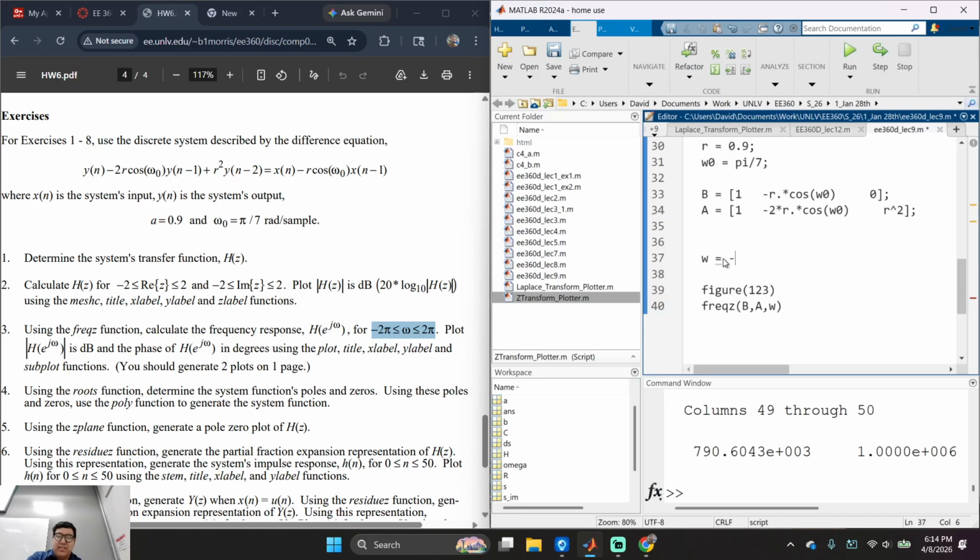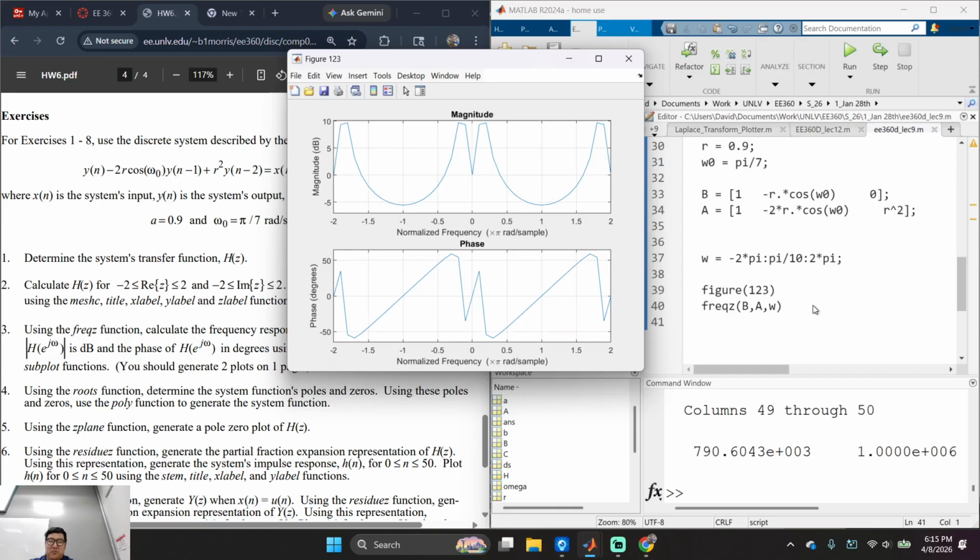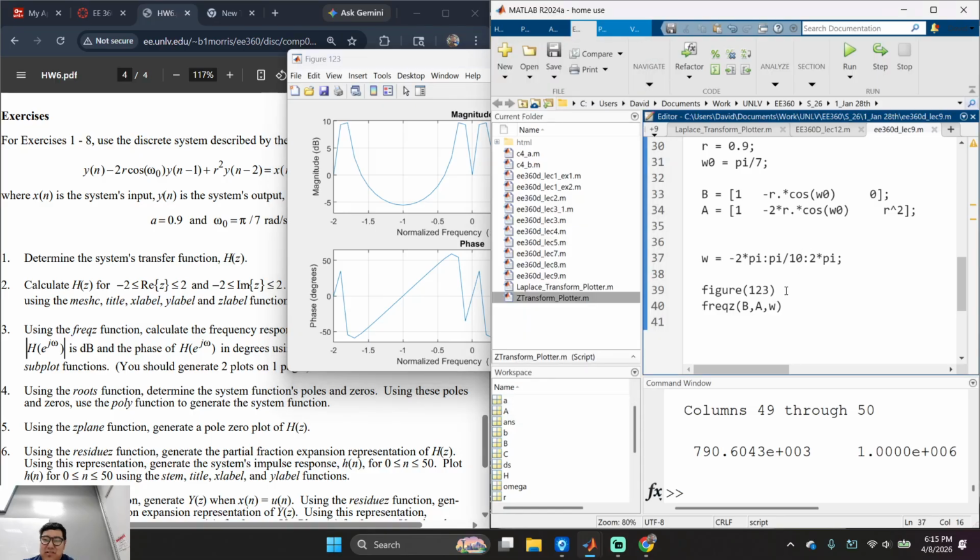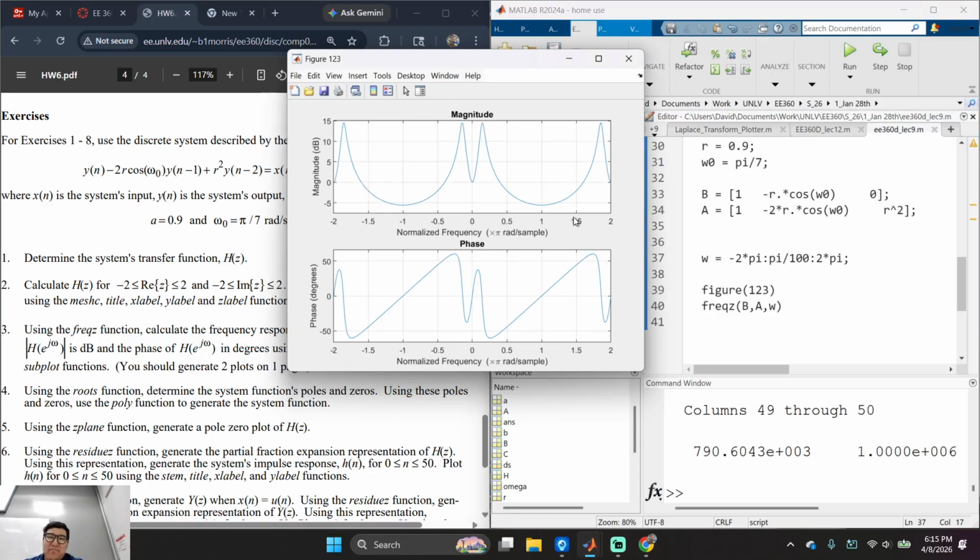W is equal to minus 2 pi times pi. We're going to do pi divided by 10, okay? 10 samples, the 2 times pi. Everyone understand what's going on? We're drawing the full circle. Okay, let's run it. Let's see what happens. Whoa. Cool, right? Do the 100 samples. There you go. Everyone seeing what's going on?